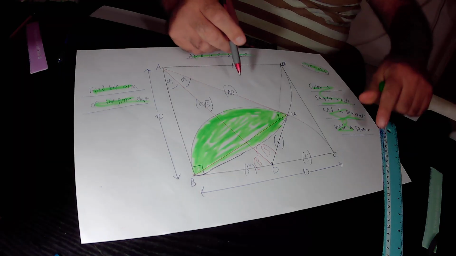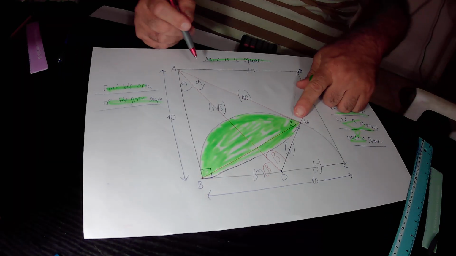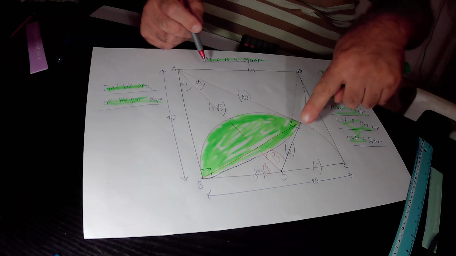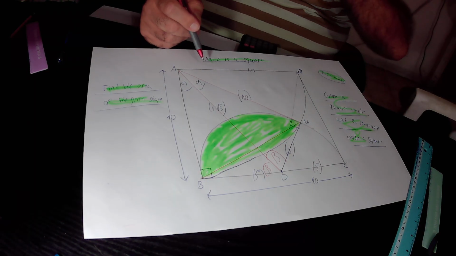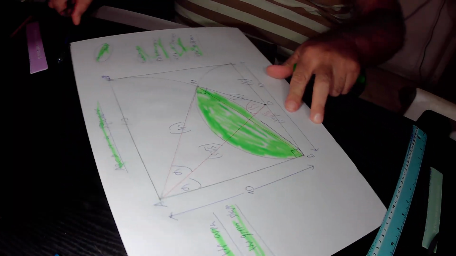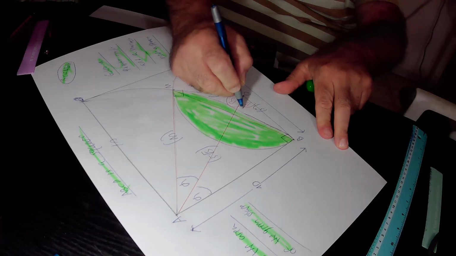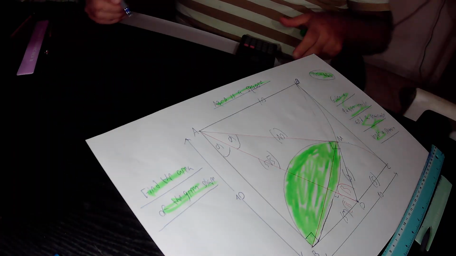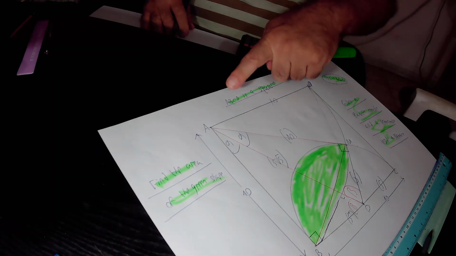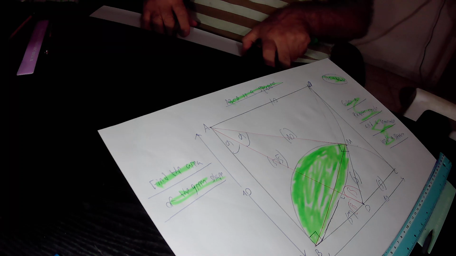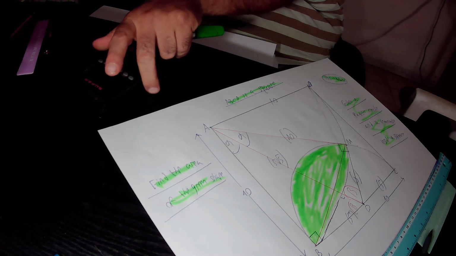We define segment MB as the lower segment, so we define it as MLB, where L stands for lower. I'll copy sector AMB onto a new page and we'll analyze this sector.